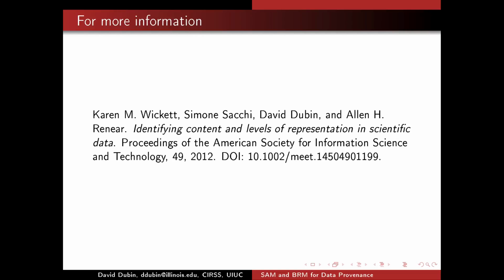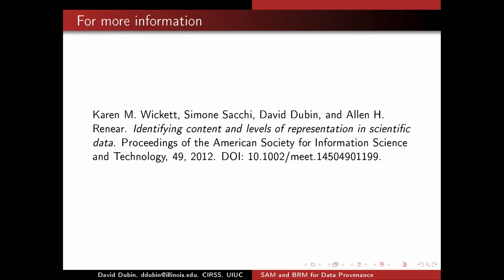If you'd like more information about these models, including more details of the examples that I had on the slides, we presented a paper at the 2012 ASYST meeting, and the DOI is listed here.